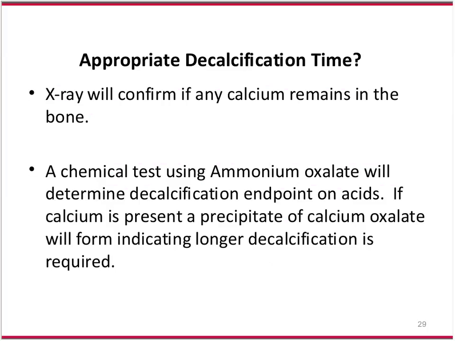Not all labs have that luxury. A chemical test using ammonium oxalate will determine decalcification endpoints of acid. If calcium is present, a precipitate of calcium oxalate will form, indicating longer decalcification is required.